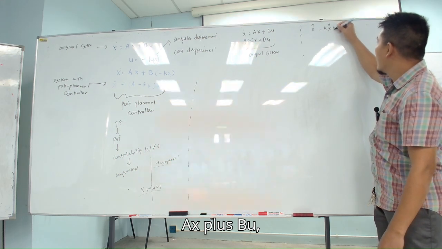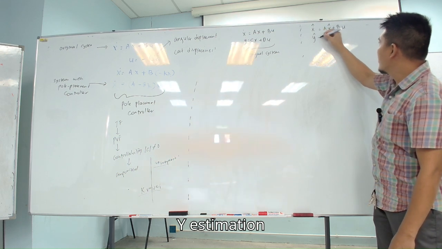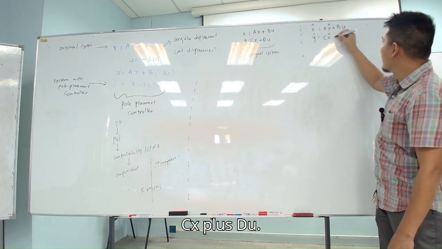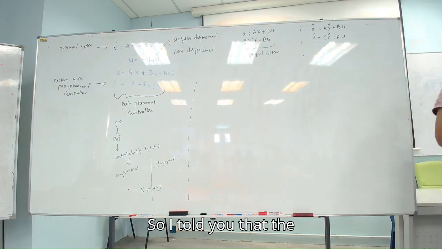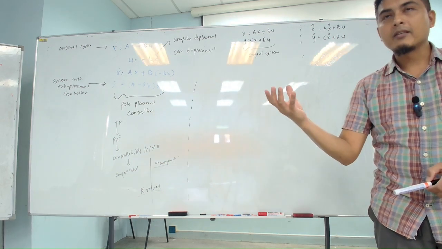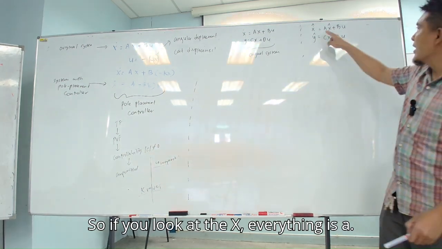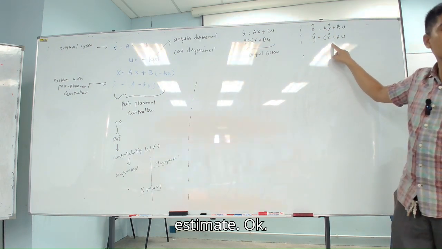x dot equals Ax plus Bu, y estimate equals Cx plus Du. So I told you that the only thing we need to estimate is x. If you look at the x, everything is an estimate.